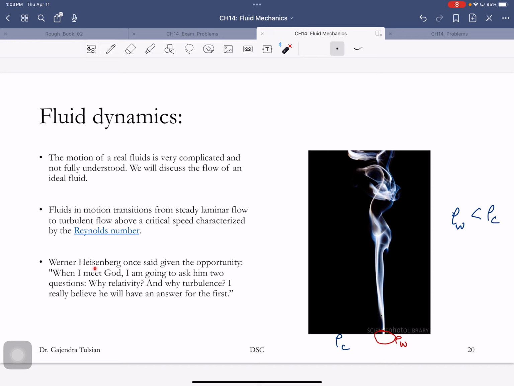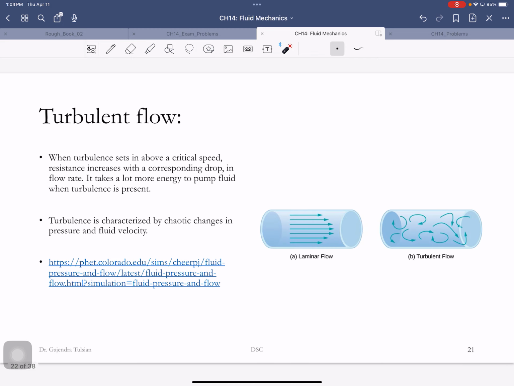He said, given the opportunity, when I meet God, I'm going to ask him two questions: why relativity and why turbulence? I really believe he'll have an answer for the first. So nobody understands turbulence. That's the point. But it's bad news.